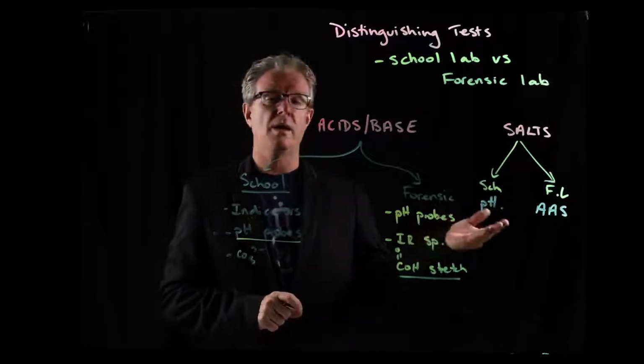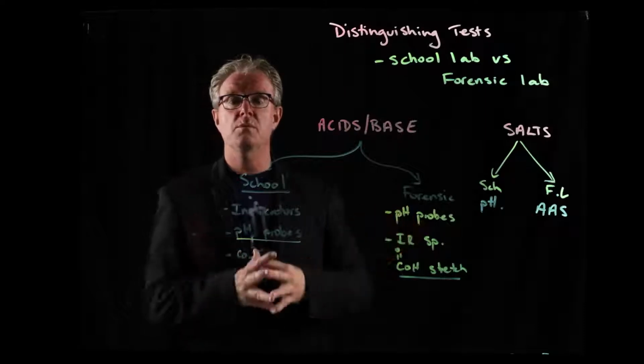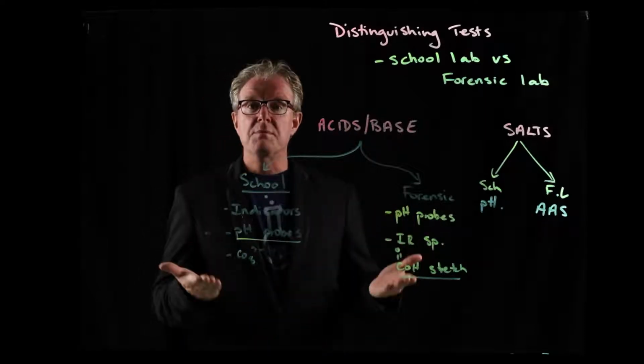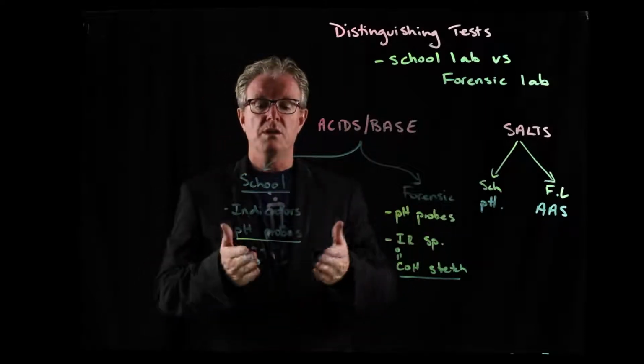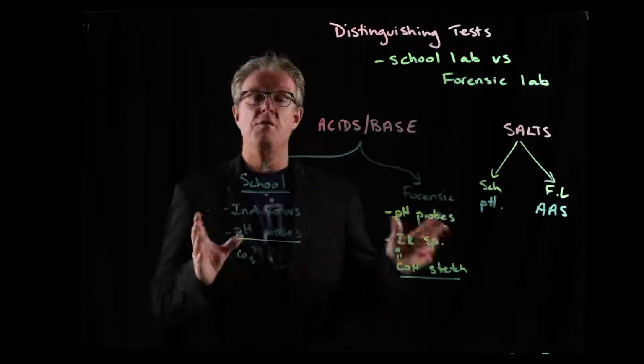They can have a greater degree of sensitivity. They don't need as much. They can be working with samples that are milligrams, nanograms, whereas we, of course, need to have a lot more sample to analyse. So hopefully that makes sense.